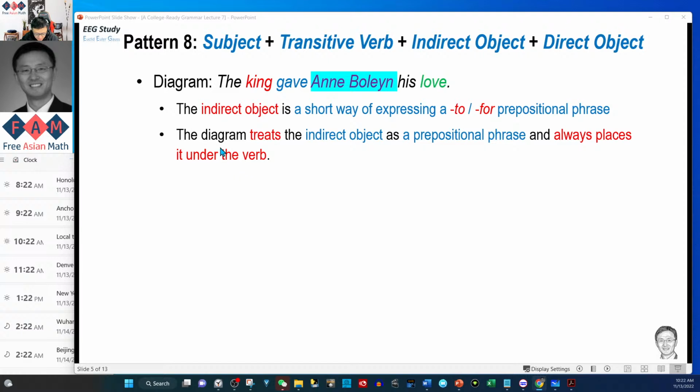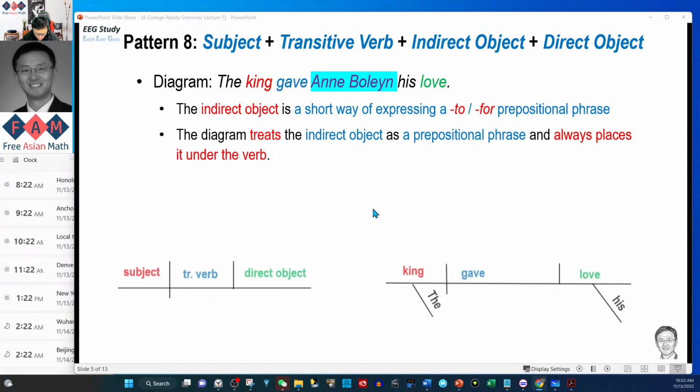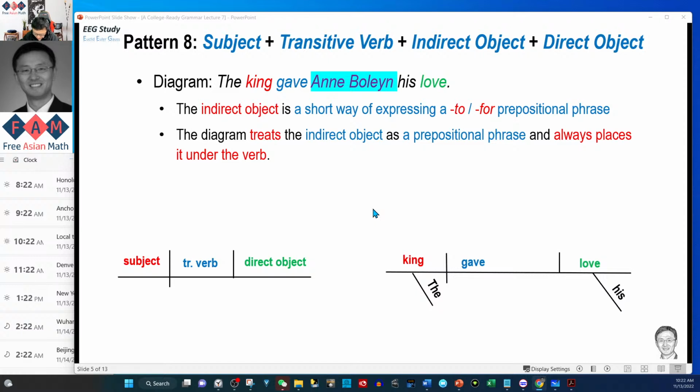So the diagram will treat the indirect object, which is Anne Boleyn here, as a prepositional phrase, and still place it under the verb, because only this way can we treat both versions consistently. This is very confusing, okay? Because they look so different, but the diagrams will look almost the same, except we don't have a preposition here. And that will be the confusing part.